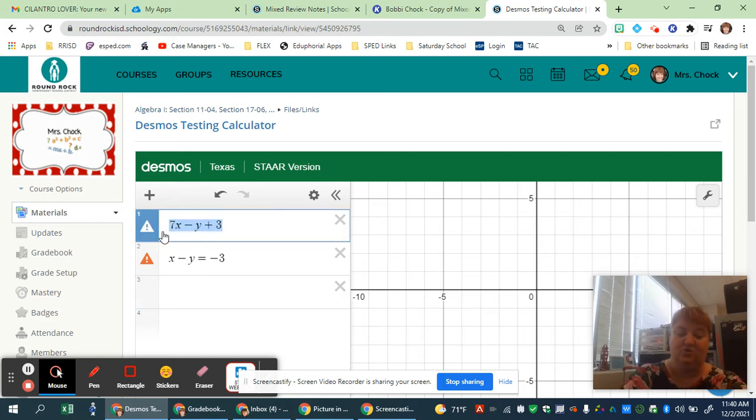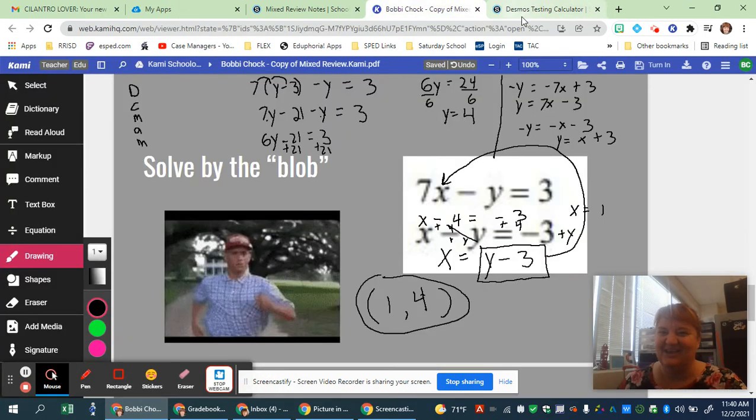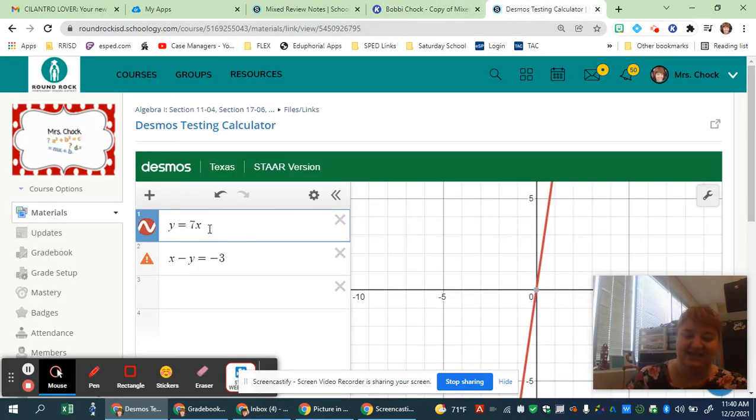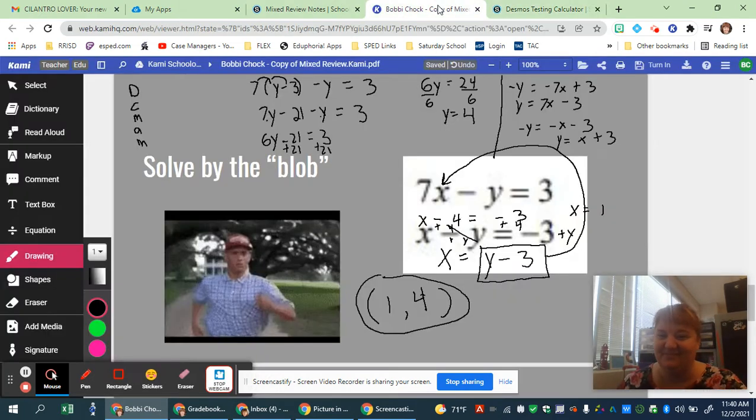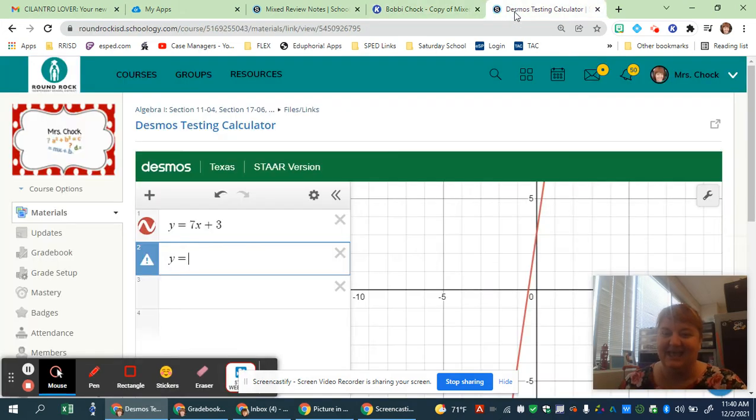But if I do y equals 7x plus 3, I don't have an error now. And y equals, what was my other one? My memory, I'm old. x plus 3.